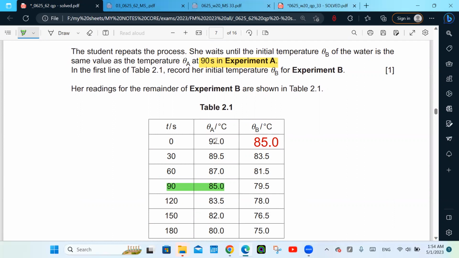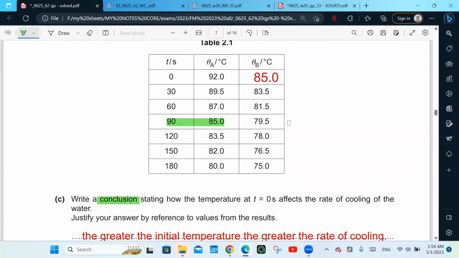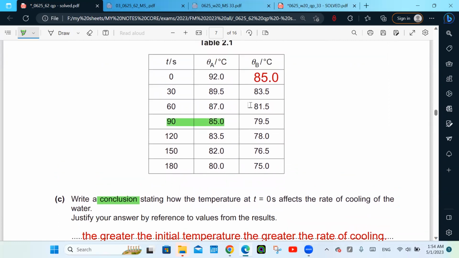The initial temperature for experiment A was 92, while in experiment B the initial temperature was 85 degrees Celsius. So can you take a look at the table and give a conclusion? Yes, I conclude the relation or the pattern here. Does the initial temperature really affect the rate of cooling? Okay, wait a minute here. What is the meaning of the rate of cooling?